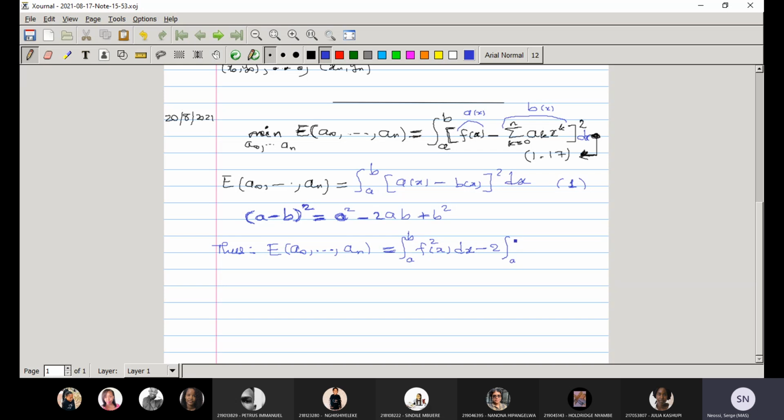Then I integrate from a to b the product of f(x) and the summation of a_k x^k, dx.